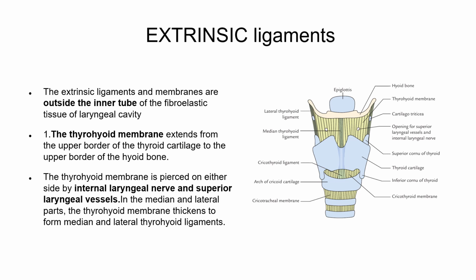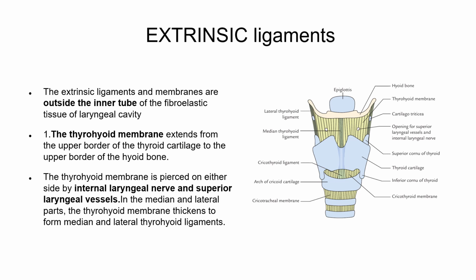Now let's see some extrinsic ligaments. So what do you mean by extrinsic ligaments? These are the membranes and the ligaments which are present on the outside of the inner tube of the larynx. So they are present outside the laryngeal cavity.